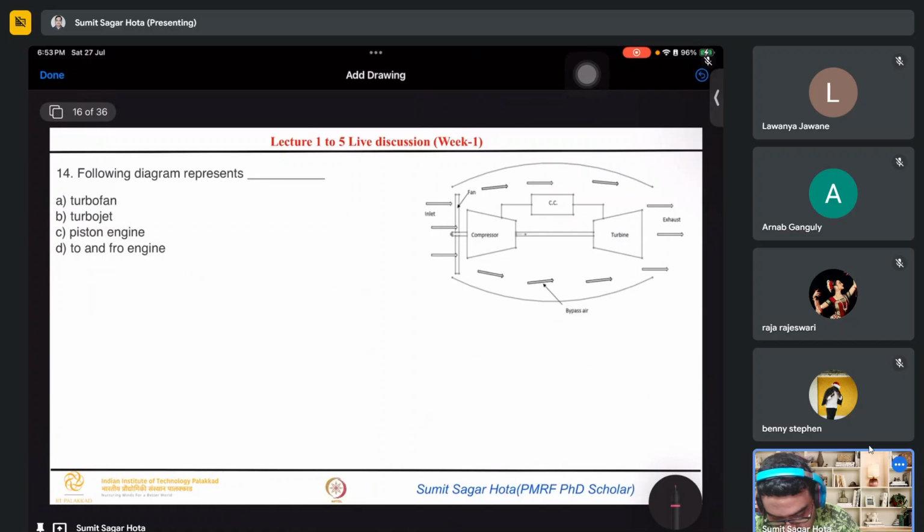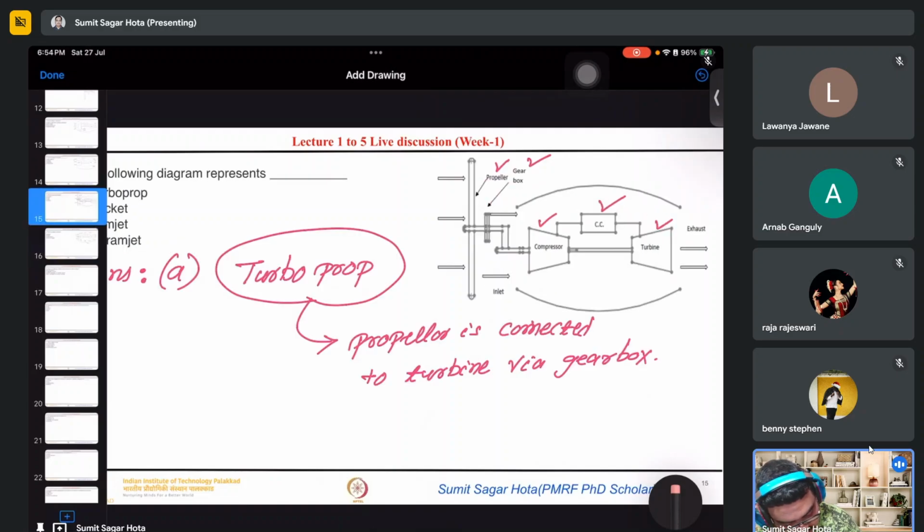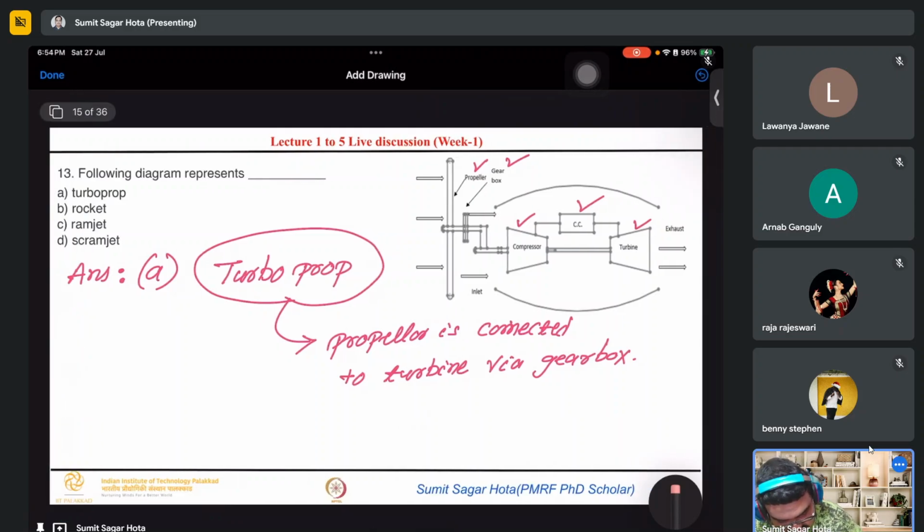So the next question. Everything is going to be the same as the turbojet: one compressor, combustion chamber, and turbine. Then the compressor is driven by one fan. So they actually wrote down the fan, which is very good, but sometimes they are not going to write down the fan or the propeller. They look the same, but they are not the same. You can see there are different designs of propeller, different ways of representing the propeller.